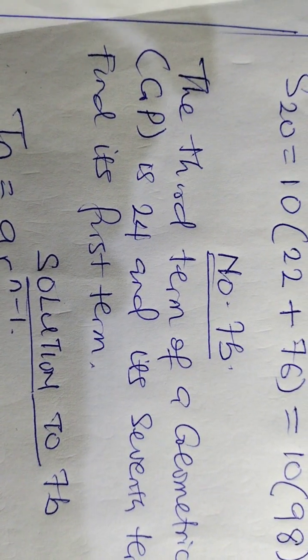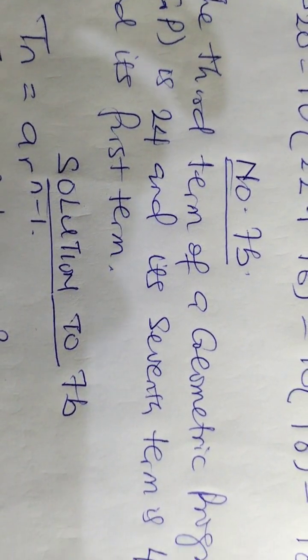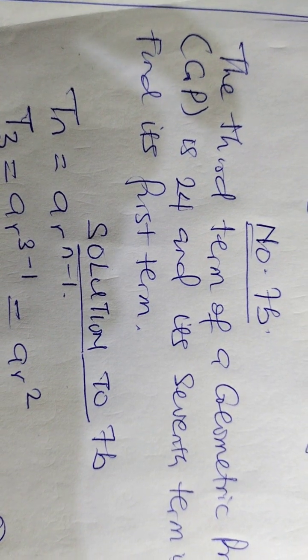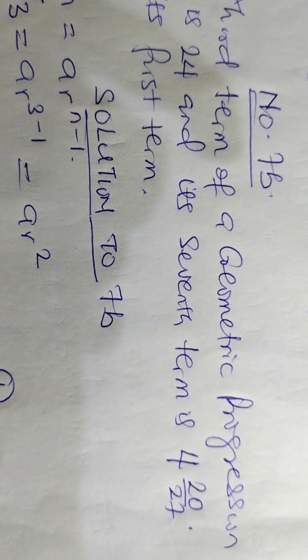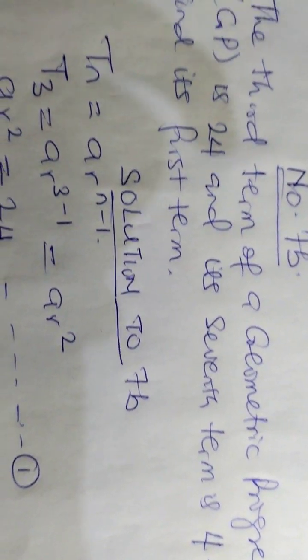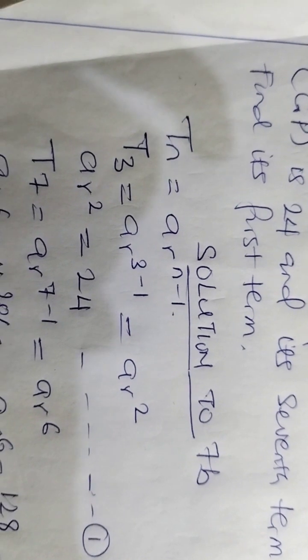Move to question number 7b that says the third term of a geometric progression, GP, is 24 and its seventh term is 4 whole number 20 over 27. Find its first term. So go to the solution.